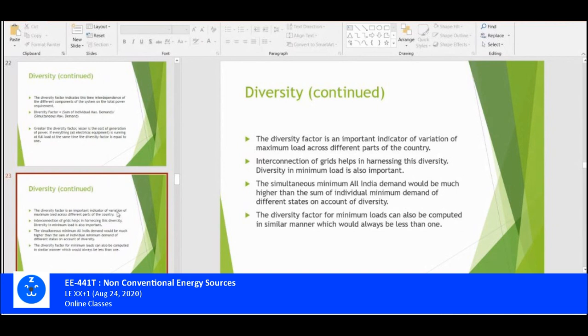Regional grids means all the generation, all the load, everything should be connected in synchronism so that we are able to match the demand and the generation of electricity in a better way. So this was the basic idea behind the establishment of regional grids.